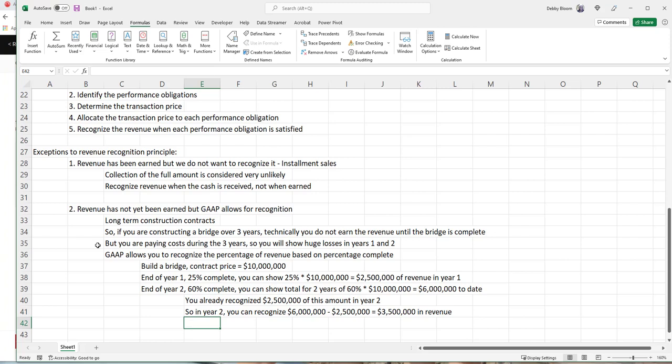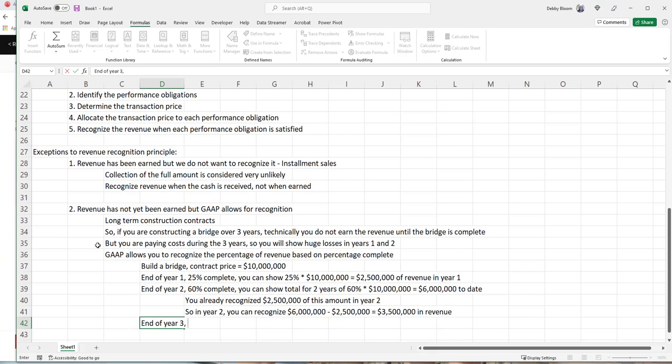Now year 3 is easy. Just recognize whatever revenue has not been recognized so far. So in this case, at the end of year 2, you would have shown 2.5 million in year 1, 3.5 million in year 2. So you would have recognized 6 million so far, 60% complete at the end of year 2.